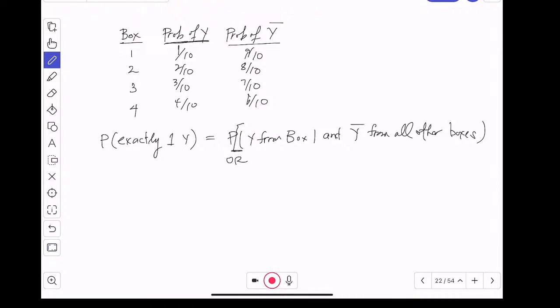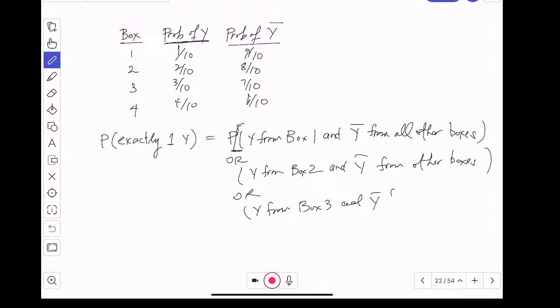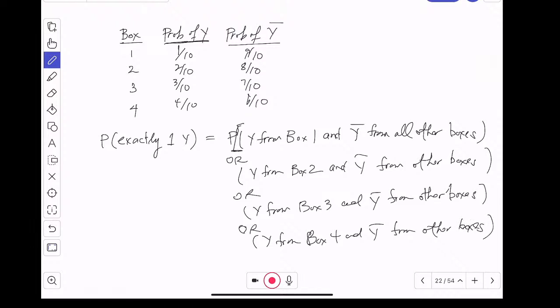So this is going to be the probability of the event: yellow from box 1 and no yellows from all the other boxes, or yellow from box 2 and no yellows from the other boxes, or yellow from box 3 and no yellow from the other boxes, or yellow from box 4 and no yellows from the other boxes. And I want to find that probability.